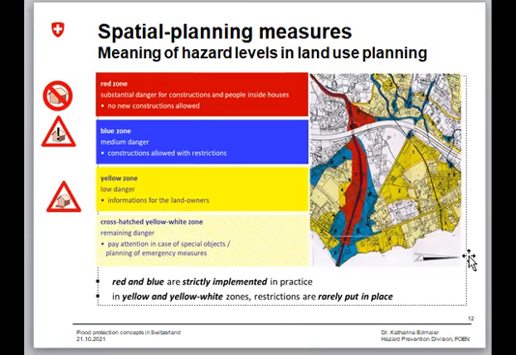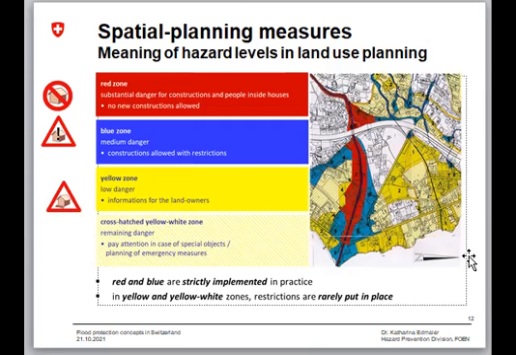In the yellow zone, usually no restrictions are given, depending on the canton. But there are recommendations and information for landowners within the yellow zone.